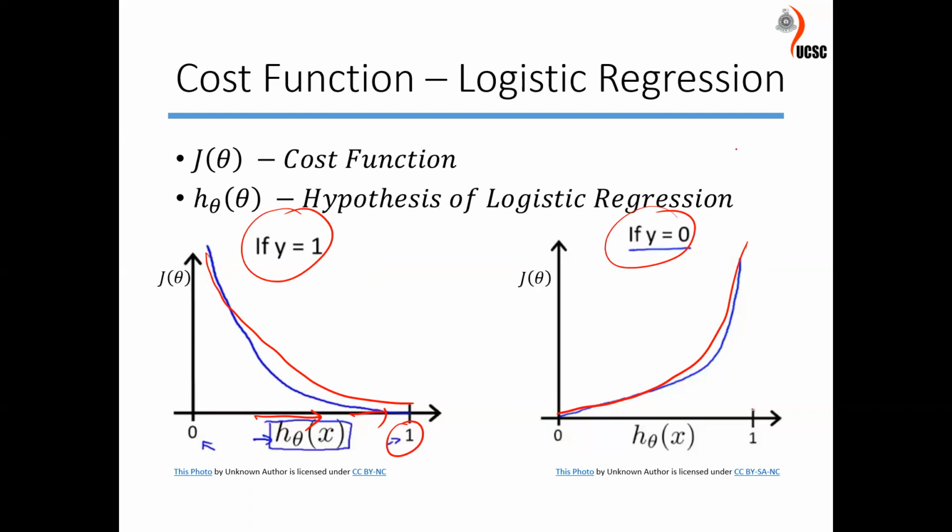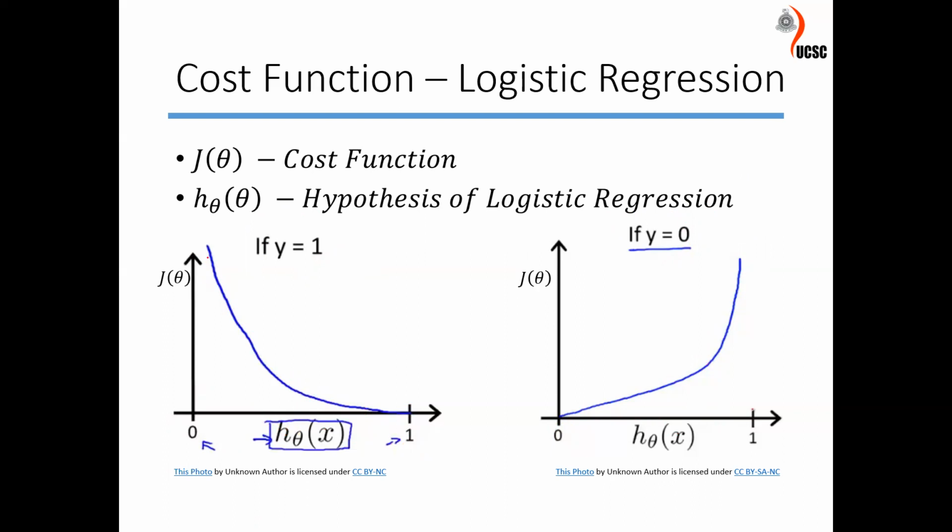For the other function, if you go towards 1 and our class is 0, that's incorrect. So that basically says your prediction is not correct, and your cost function gives a higher value. That's how we're dealing with logistic regression.